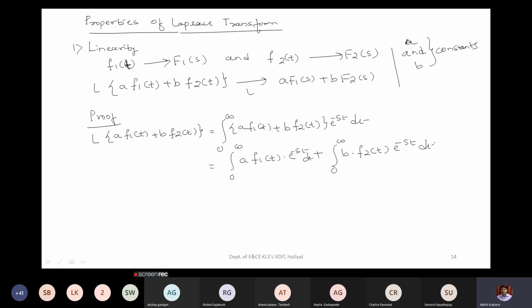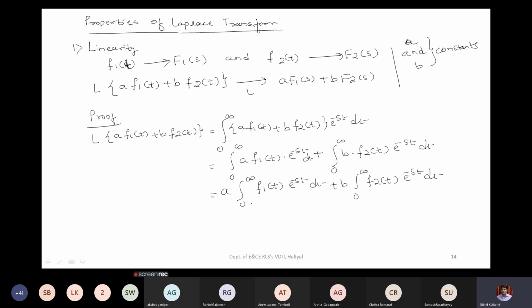But if you look into the standard function of the Laplace transform, we can write it like this: a is a constant, so you can write it as a times the integral of f1 of t e to the power minus st dt, plus b into the integral from 0 to infinity of f2 of t e to the power minus st dt.